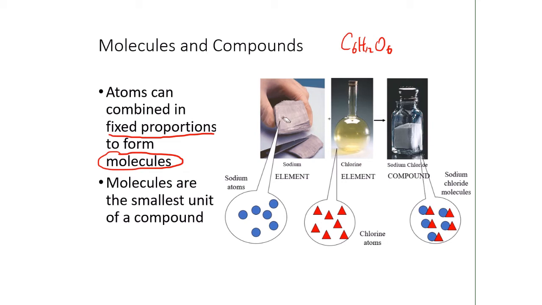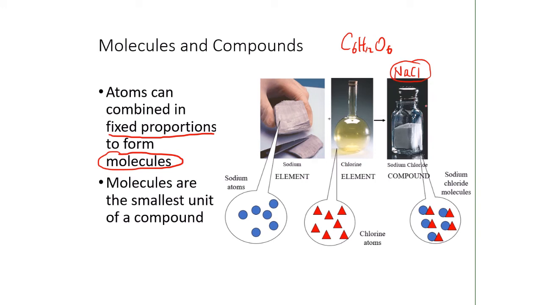However, sodium and chlorine can combine in a 1-to-1 ratio to form sodium chloride. So sodium chloride is NaCl, which is table salt. Okay, so table salt is a molecule. It contains 2 different types of element, in this case 2 different types of atom.